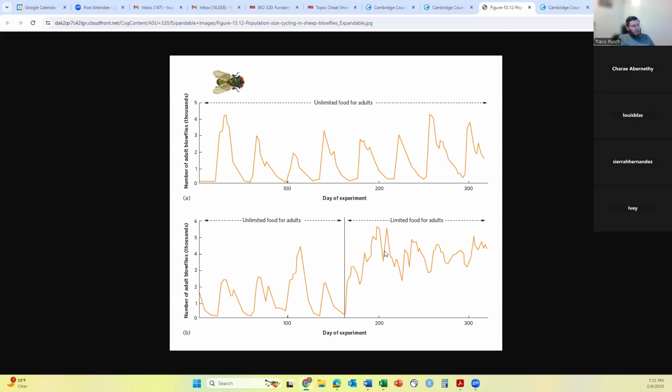And then what happened in the second group is they had unlimited food for adults, so they saw the same pattern as above, but halfway through the experiment, they limited the food for the adults. So the adults increased their numbers, but they weren't producing an overabundance of eggs anymore. So the larvae weren't in as high levels of competition, and they were able to produce adults more regularly.